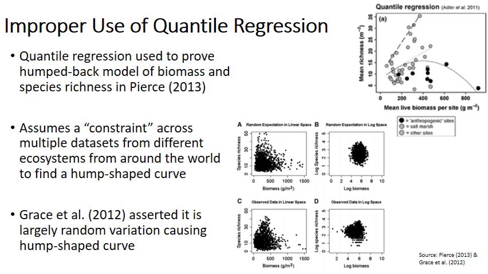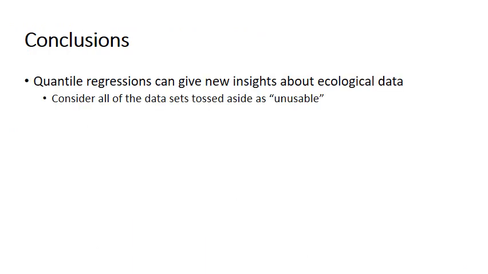So this would probably be one of the instances where quantile regression is not the best statistical technique to apply. So in conclusion, quantile regressions can give new insights about ecological data.